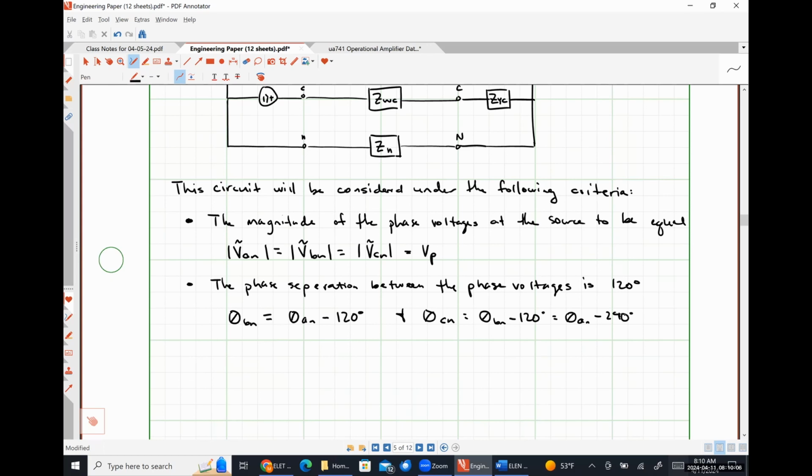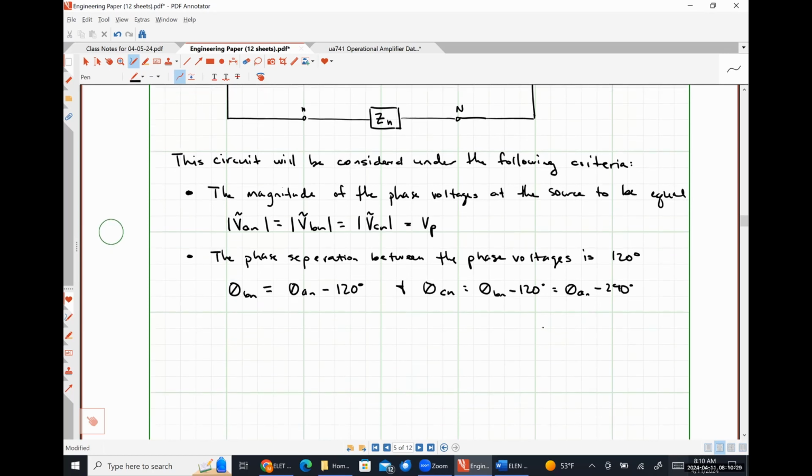There aren't really many situations where our source will ever be unbalanced because it requires effectively manufacturing error or us intentionally messing with it in order for that to happen. So largely, this is going to be a given in any system that we look at. Now let's talk about what makes our transmission line portion balanced.